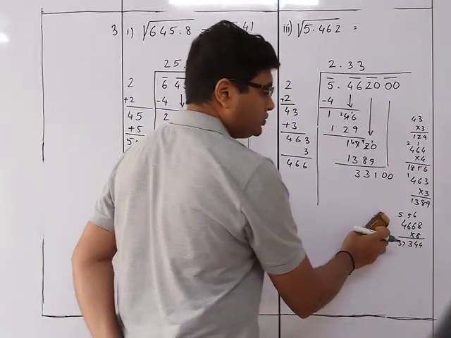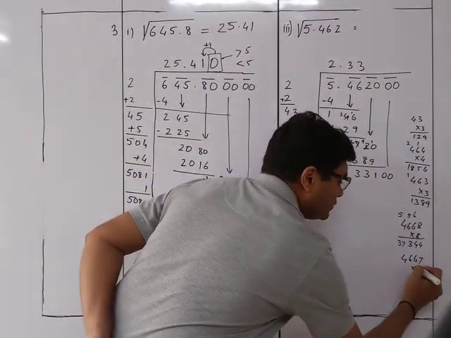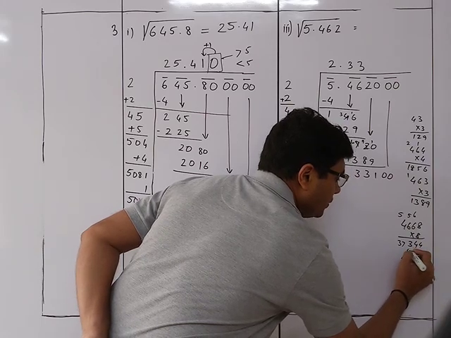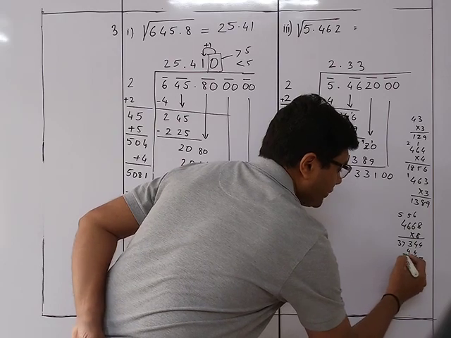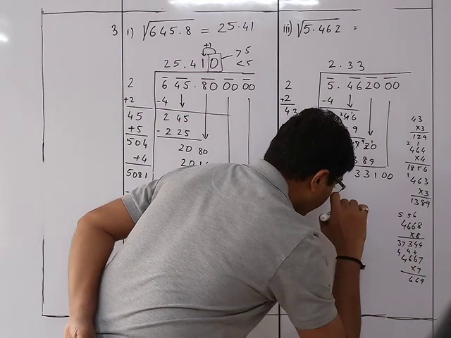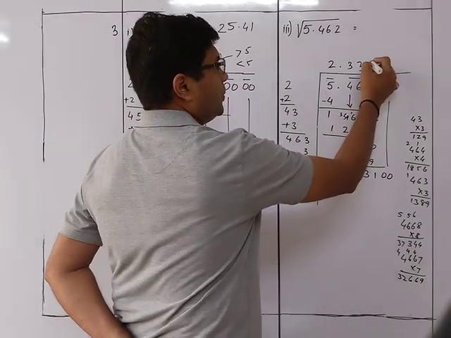I'll need to take one smaller. So one smaller will be 4667 into 7. 7 7s are 49, 7 6s are 42 plus 4, 46, again 42 plus 4, 46, and 28 plus 4, 32. So you can see this will be 7 over here, 7.